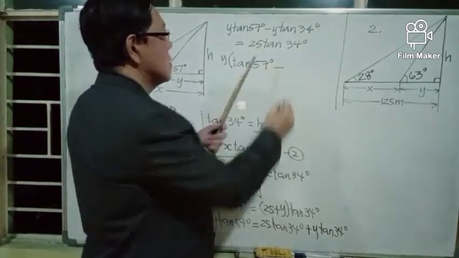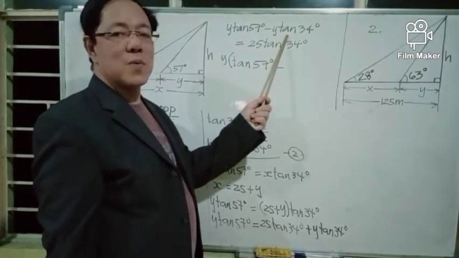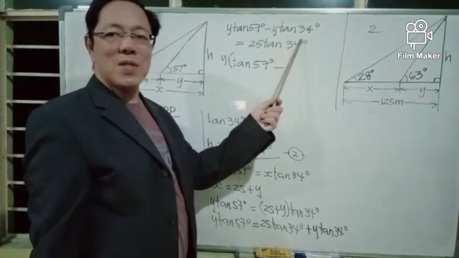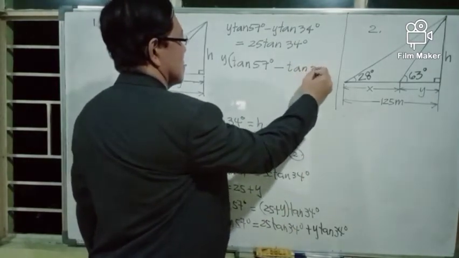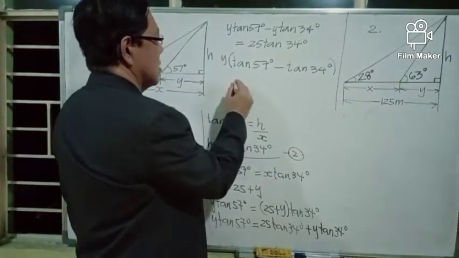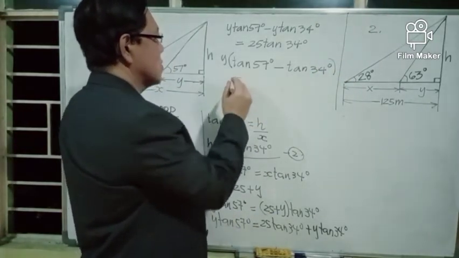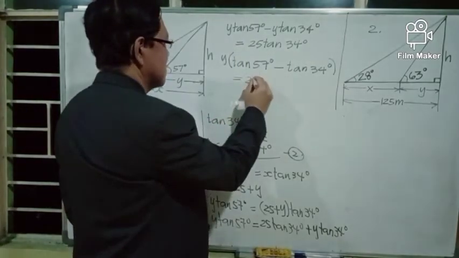Factoring y from the second term, we are left with tangent of 34 degrees, which is equal to 25 times tangent of 34 degrees.